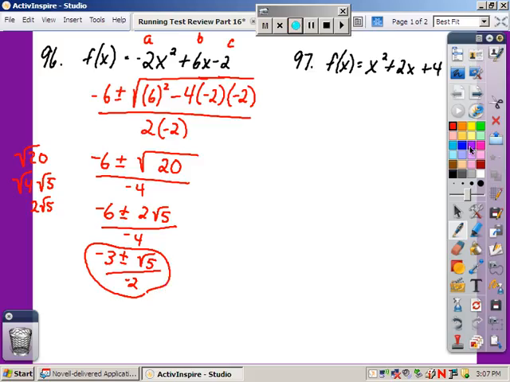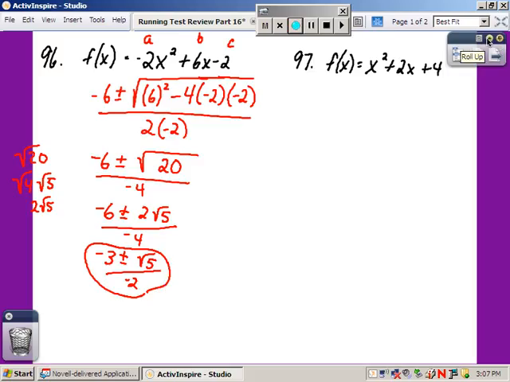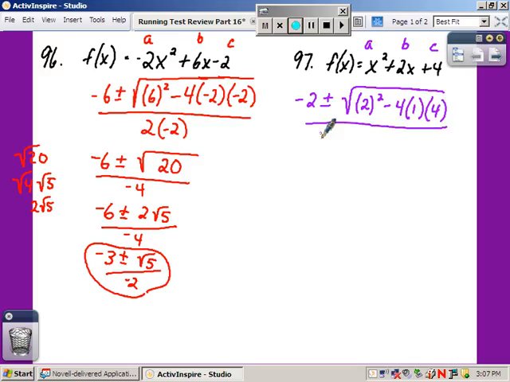All right, if we look at this one, maybe it'll work out a little easier. This time we know A is an understood 1 here, B is 2, and C is 4. So if we do the quadratic, it's going to be negative B, so negative 2, plus or minus square root of B squared, which is 2 squared, minus 4 times 1 times 4, all over 2 times 1.